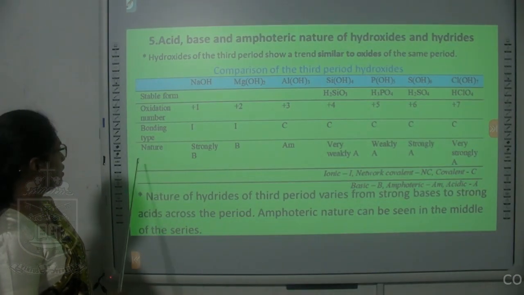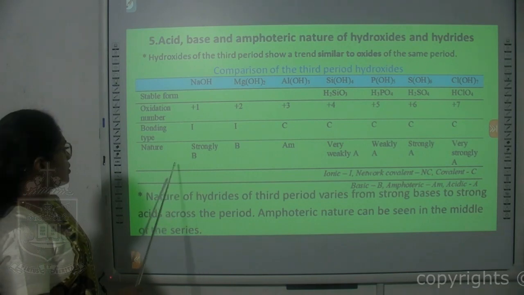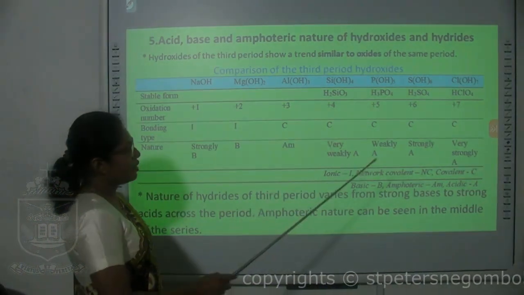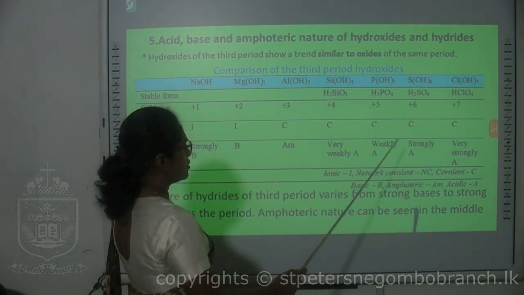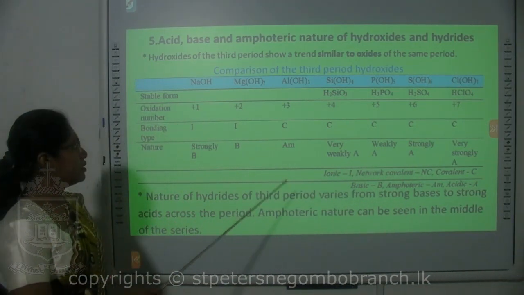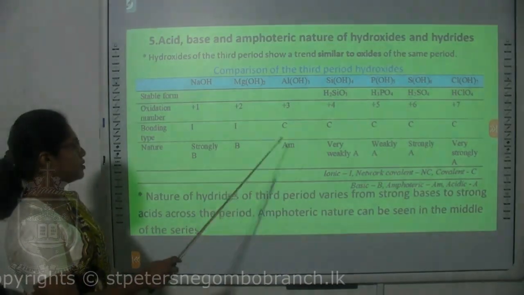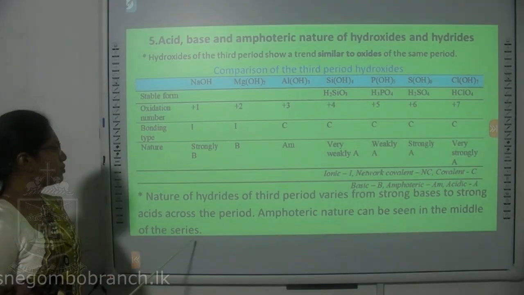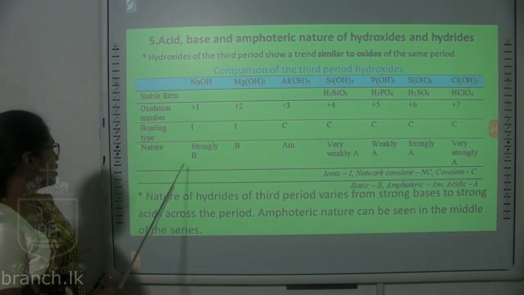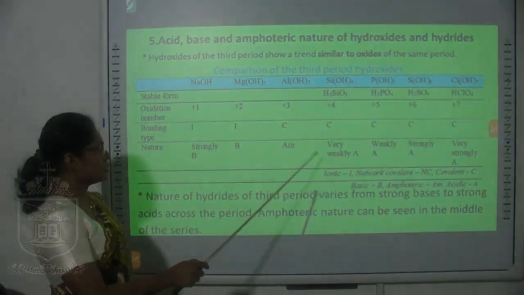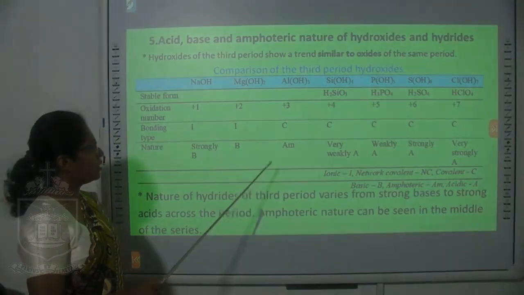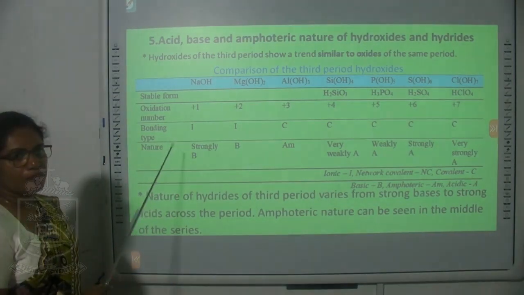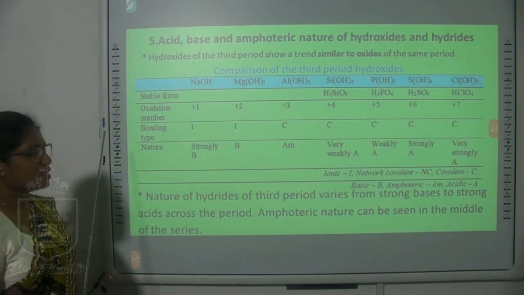We can see basic hydroxides on the left side and acidic hydroxides on the right side, and aluminium hydroxide is an amphoteric hydroxide. So the trend is also the same as in the oxides, correlating with the acidic or basic nature.